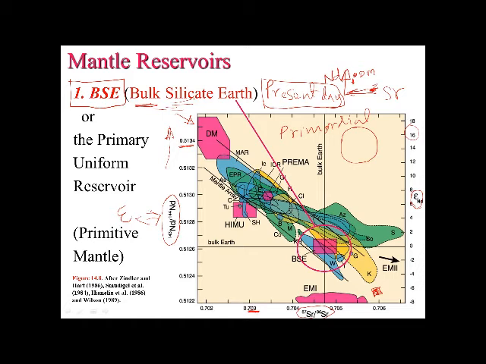Earth's differentiation, you should know this term. The primordial Earth was not a differentiated planet, but our present day planet is a differentiated planet. What do you mean by that? The present day Earth has layers: we know crust, mantle, and core after the differentiation process.